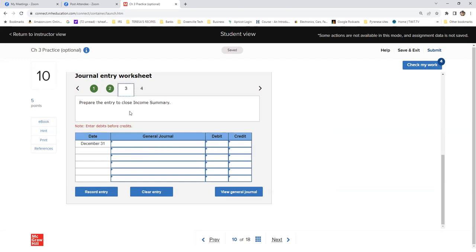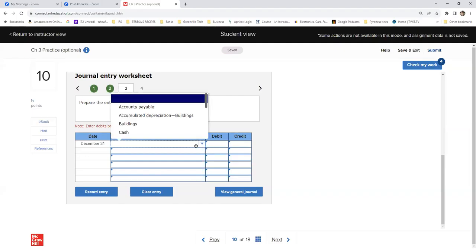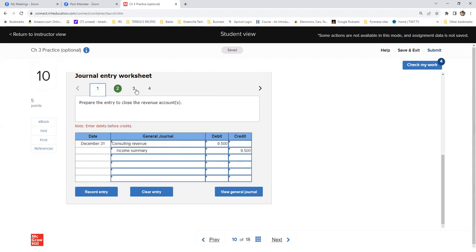Now we have to close the income summary. All right, so we're showing a balance in revenue. Well, income summary has a credit balance. Let me go back and see what it was. 9,500. So we have to debit that out to close this out to zero. And then the next is $7,000.